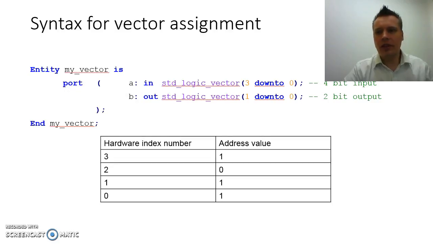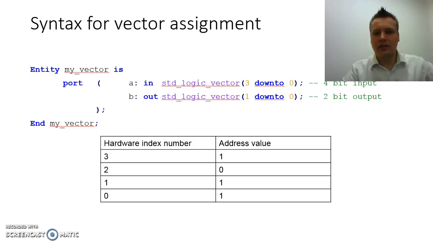When we talk about indexing, it's a little bit more tricky in the VHDL language than in, for example, C or other purely software languages, because we have some sort of hardware abstract way of looking at things.